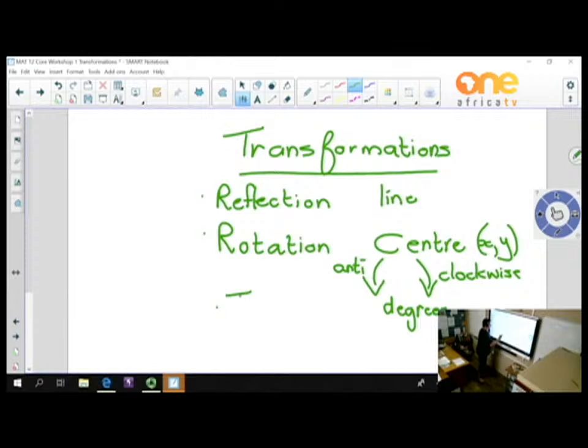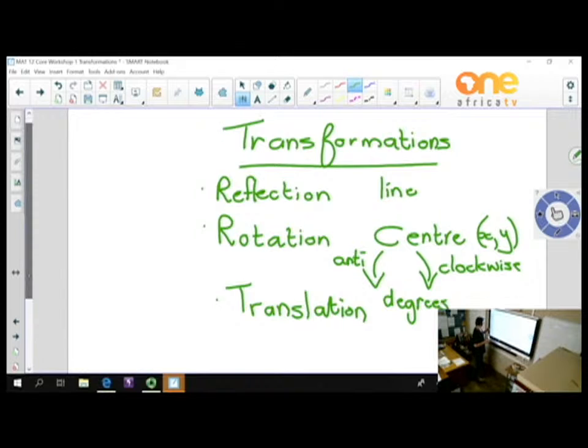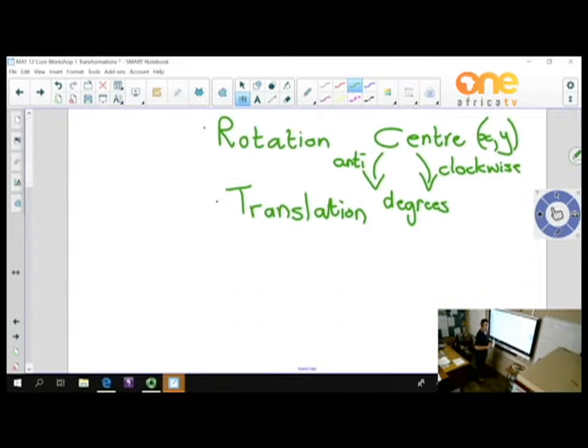The next one is a translation. A translation is like when you play chess, you slide it in a certain direction. We do a translation with a column vector, and it is x over y.